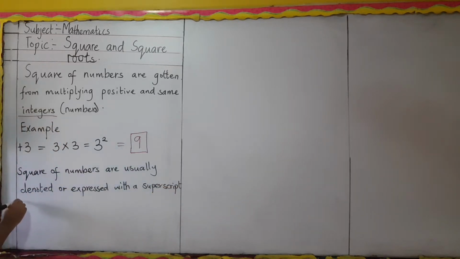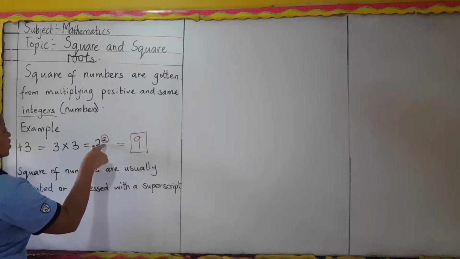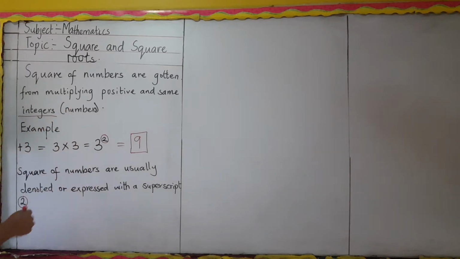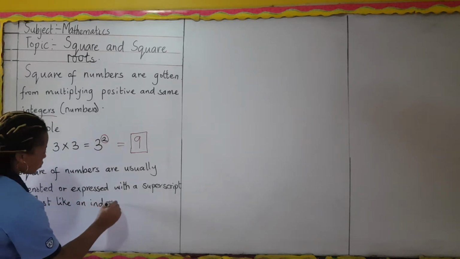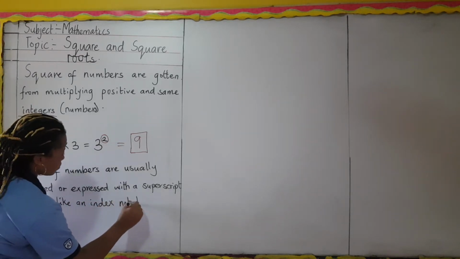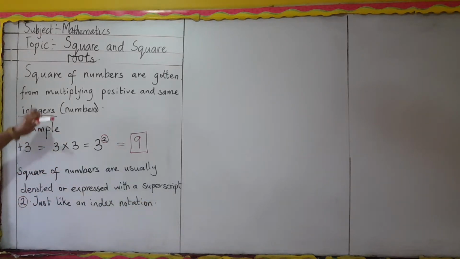The superscript 2. What do I mean? The 2 is usually written up, not down. As you can see it here, this is the superscript. The 2 is raised, just like an index notation. So now this is the simplest way of teaching you square of numbers. This is how it is.